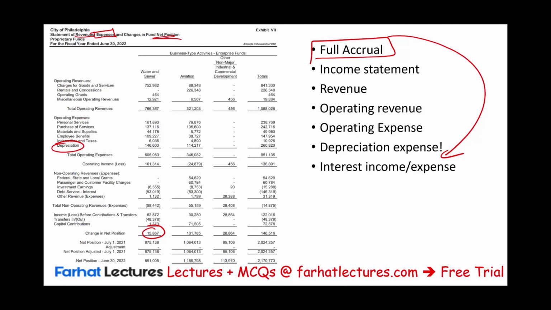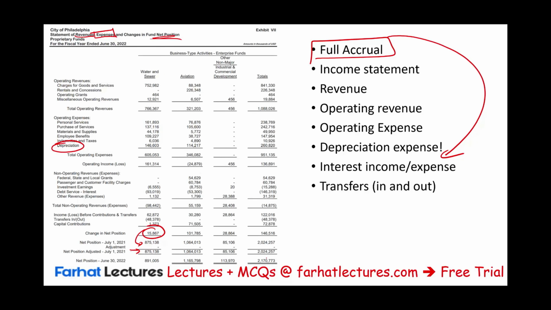Also, we could have interest income and interest expense. Interest income and interest expense are also listed here because we do carry debt and it's reported as interest expense. We have transfers in and transfers out. Then once we have the change in net position, if it's positive, we'll take the change in net position and add it to the beginning to come up with the ending net position. And the ending net position, obviously, will be reported where?